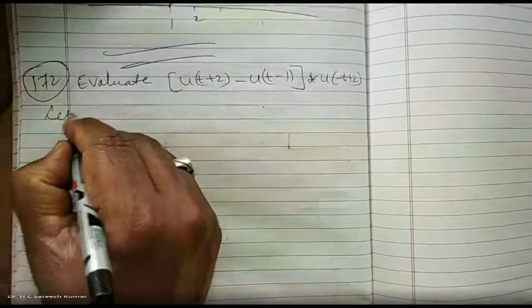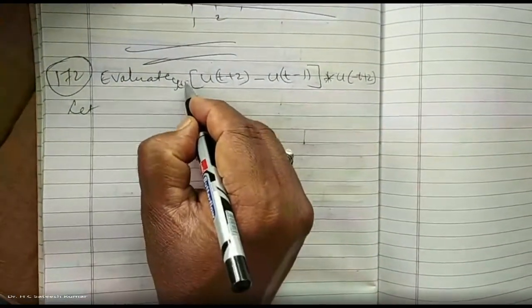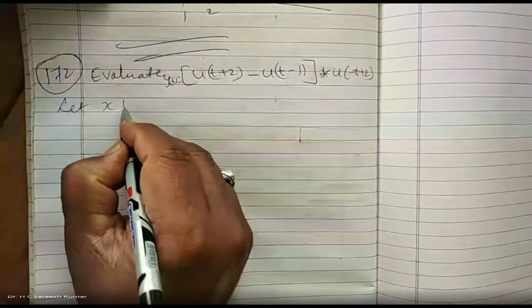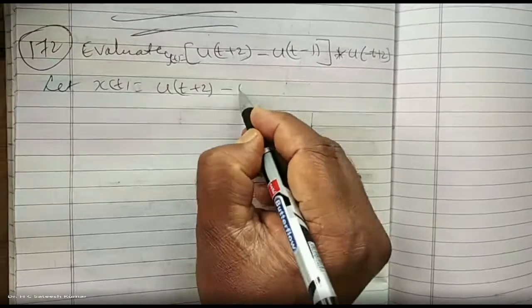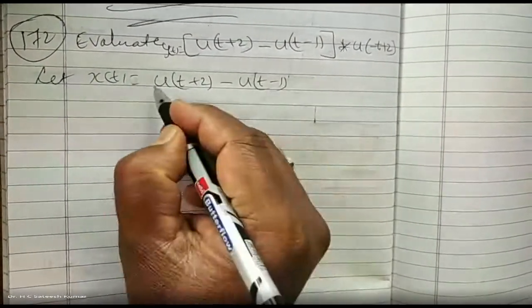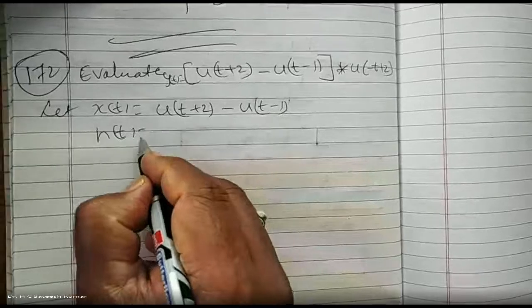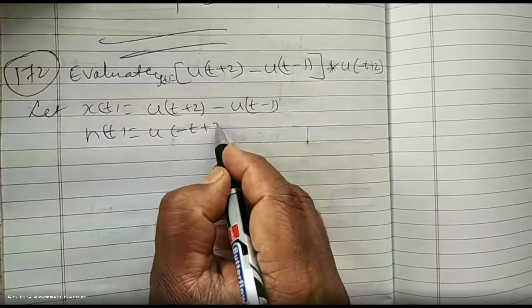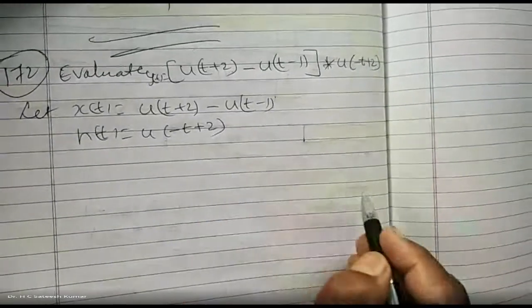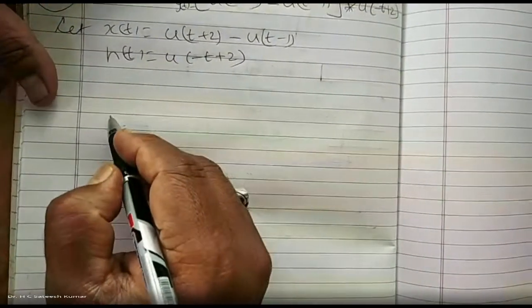Let us evaluate y of t. Let x of t is equal to u of t plus 2 minus u of t minus 1. H of t is equal to u of minus t plus 2. Sketch the x of t.